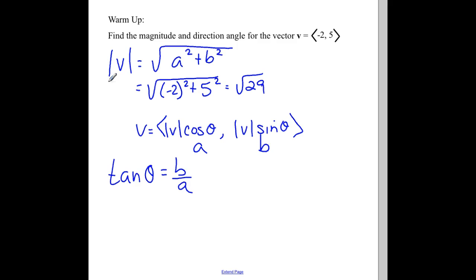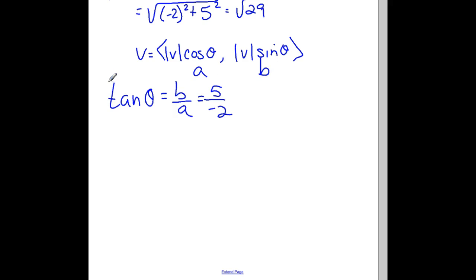So in our particular case, we said we've got a 5 and a -2. So how do we find theta? Inverse tangent of -5/2. Okay. Go ahead and what did you get on your calculator for that?